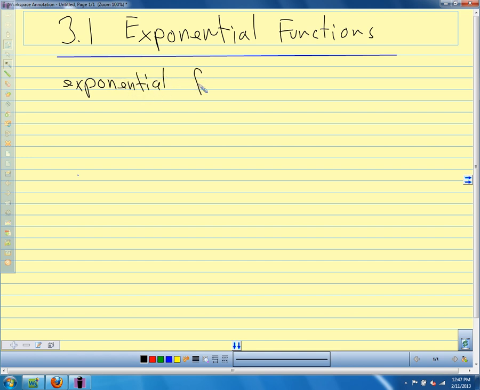So our exponential function, we're going to call our function f with a base a. So our exponential function is always going to have a base. We're going to write that as f of x equals a raised to the x power.